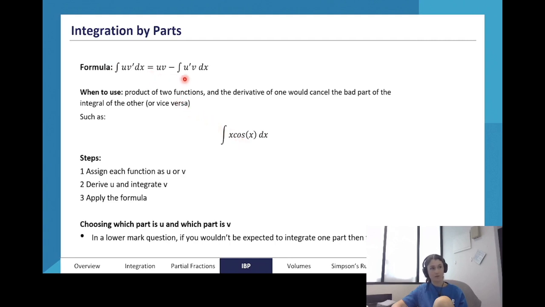And then in our formula, we need v, so we need to integrate this v dash to get to v, and we need to derive u to apply u dash in our formula here. So what we want to do is select u and v strategically, so that we can cancel some things out and make things a little bit easier for ourselves.